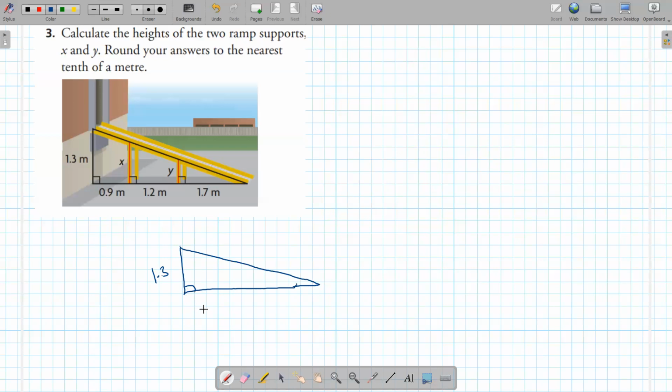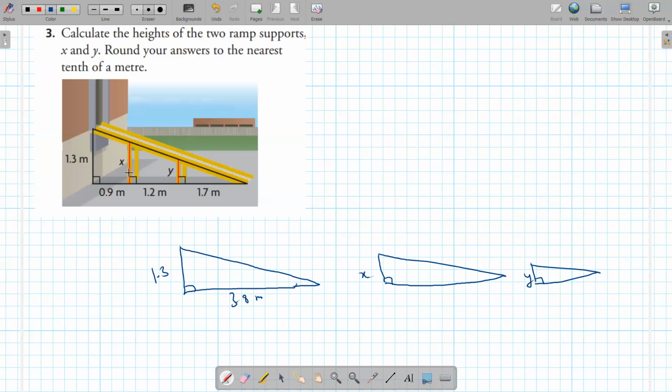What's going to be the base of this? You add everything up. What does that give? 2.9, 3.8, I believe, meters.